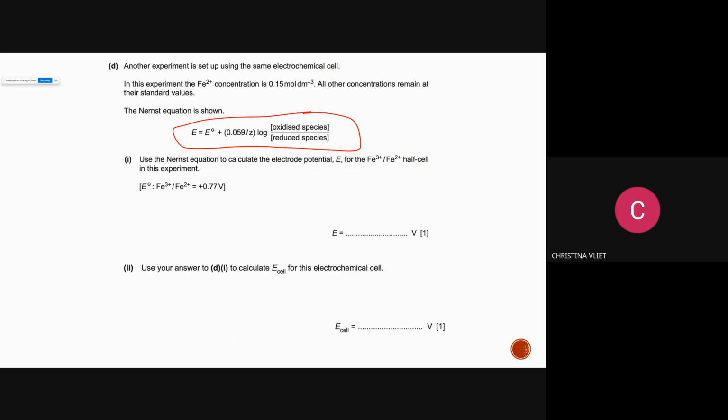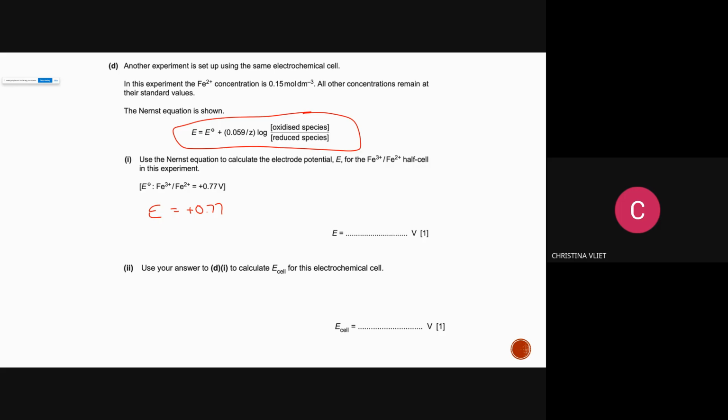So E stands for what again? Non-standard. So when you see E without the little zero, that means non-standard. That means that's what I'm going to be solving for. E0, we have that. What is E0? It's in the question. It's literally right there. It's 0.77 volts.